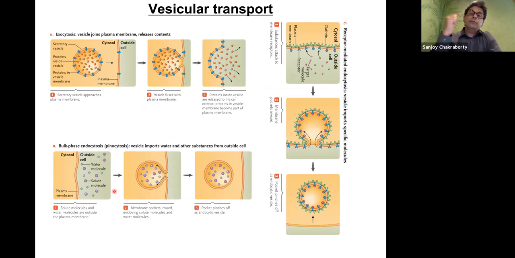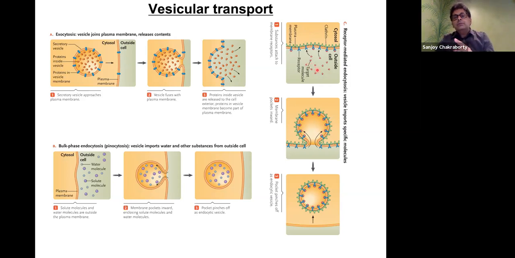Then there is a third variety of endocytosis, which is called receptor-mediated endocytosis. Nowadays, we treat it as completely separate. So look carefully. This is the cell. This is the inside of the cell, that's the outside of the cell. On the outside, there are a lot of target molecules. This molecule is sometimes also known as a ligand.